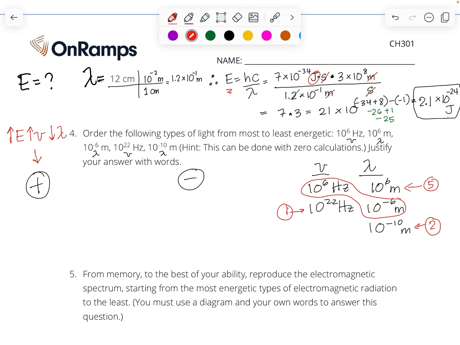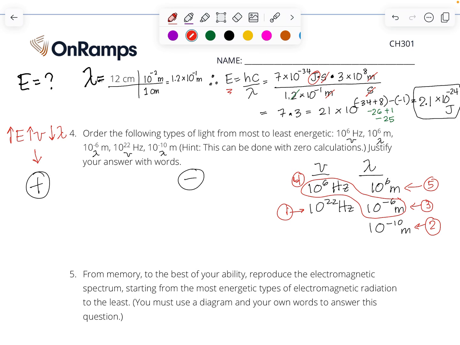Because you have that Planck's constant times the speed of light, that's going to really increase what that energy is. So this one, the 10 to the minus 6 meters, is going to be our third most energetic wavelength, and then that would mean that this one over here is number 4.